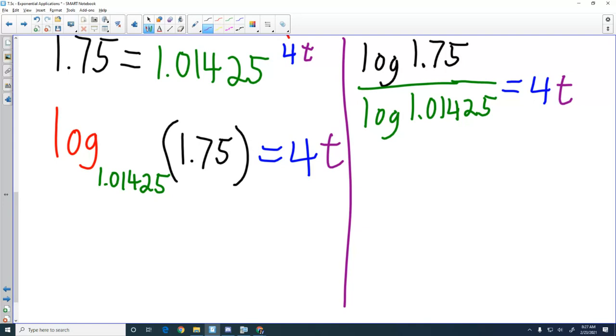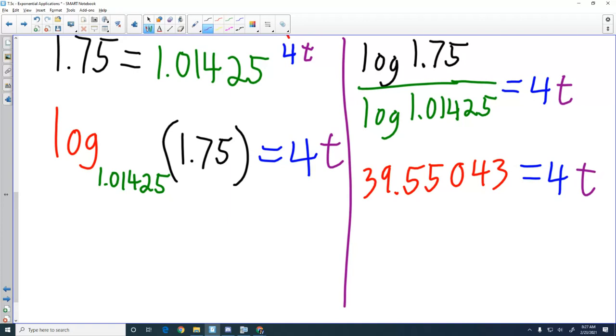Well, on the left, we can calculate that. You can calculate a log. So log of 1.75 divided by log of 1.01425 gives me another big decimal of 39.55043, and that equals 4 times t.